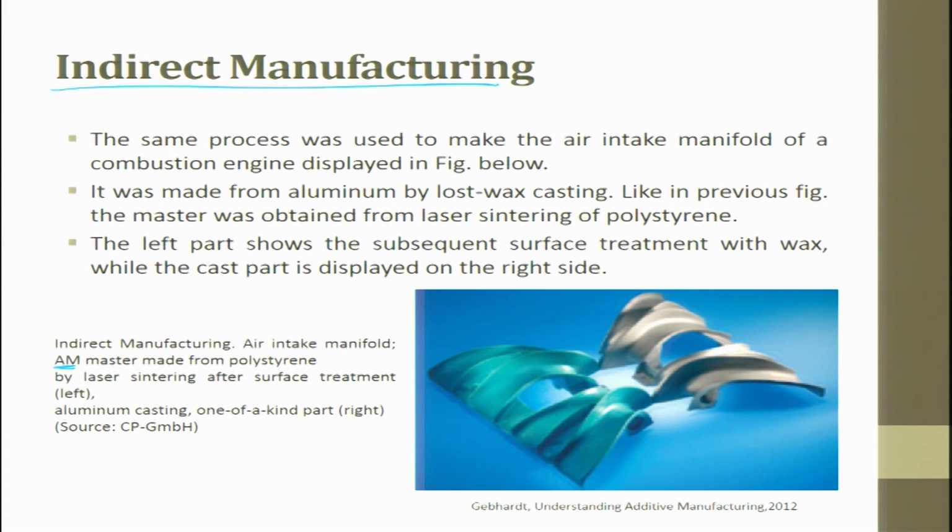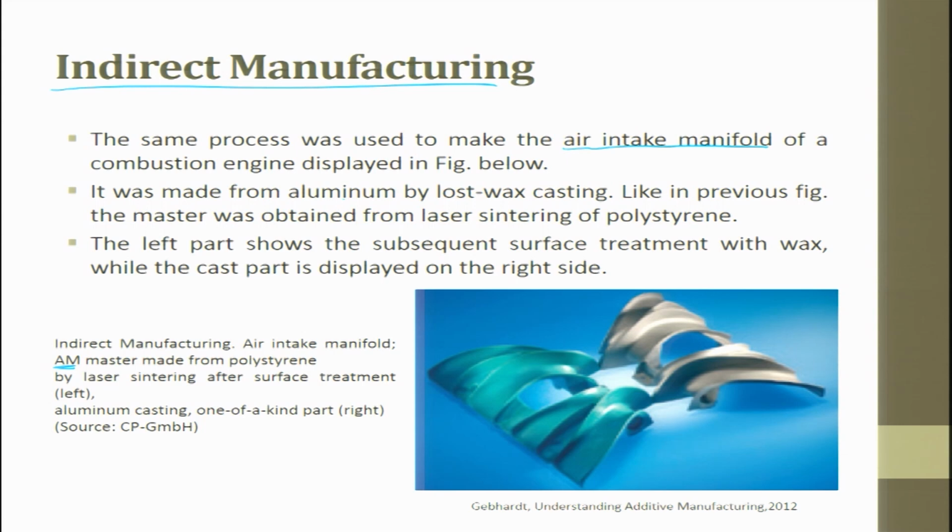The same process was used to make air intake manifolds of a combustion engine displayed in the figure given below. It was made from aluminum by lost wax casting. Like in the previous slide, whatever we have discussed, the master was obtained from laser sintering of polystyrene.